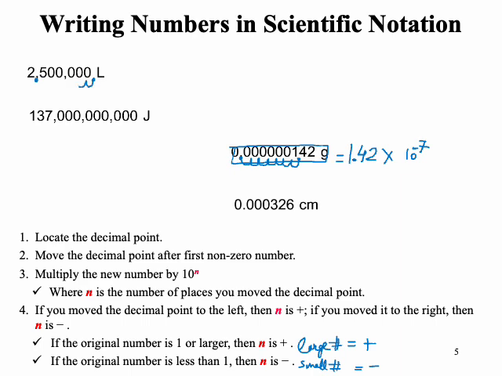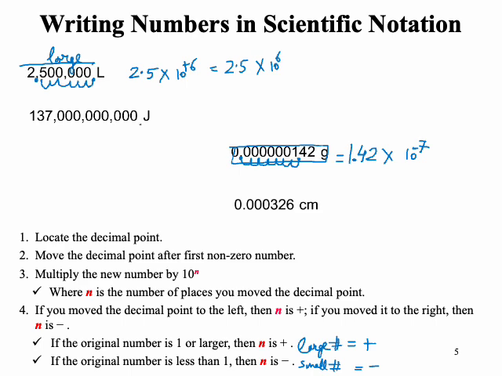So I'll move it 1, 2, 3, 4, 5, 6 place values, which means my number is 2.5 times 10 raised to power 6. And because my original number was a very large number, that means my exponent is positive. If you don't see a sign, that means it's a positive number. So if it's just written as 2.5 times 10 raised to power 6, that's also okay. You don't need to put a plus sign.